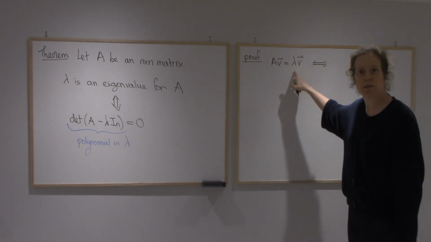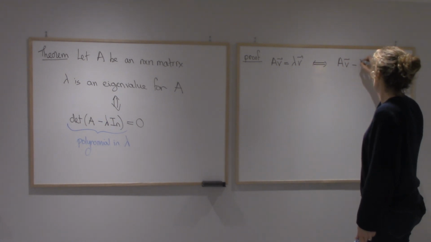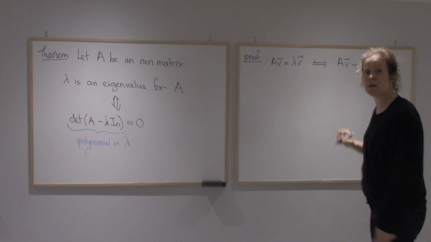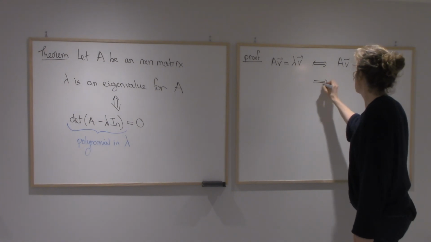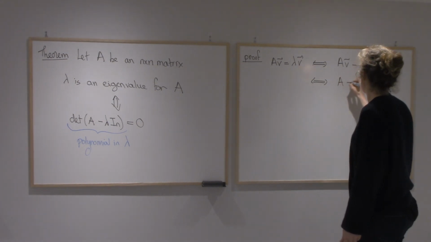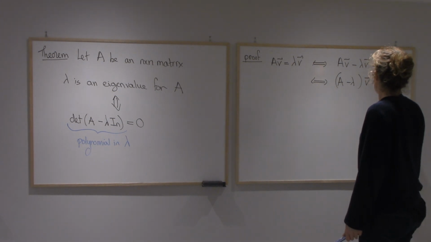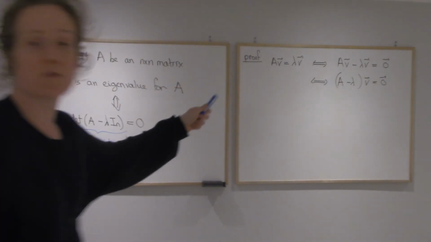I'm going to send lambda v to the other side. So that will be the 0 vector. Careful, these are vectors. I'm going to factor v. Now I'm going to give you a second to look at this and tell me what's wrong with it.